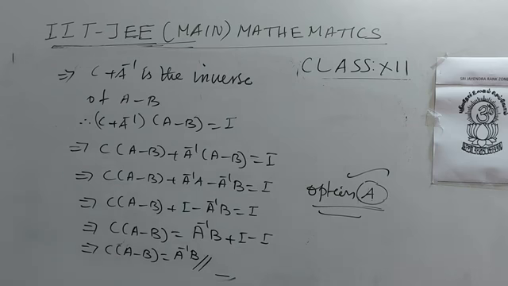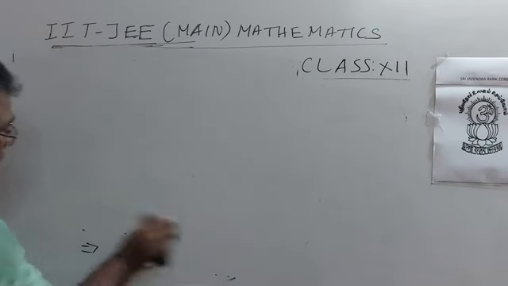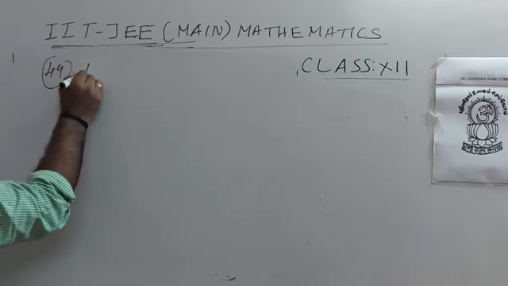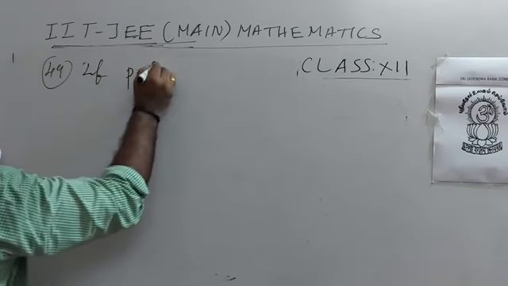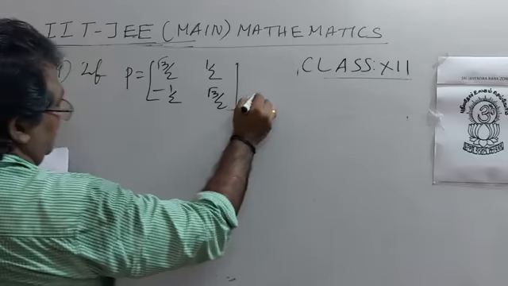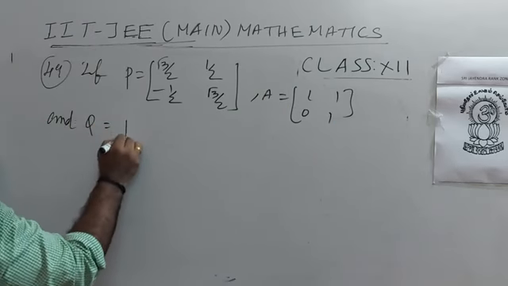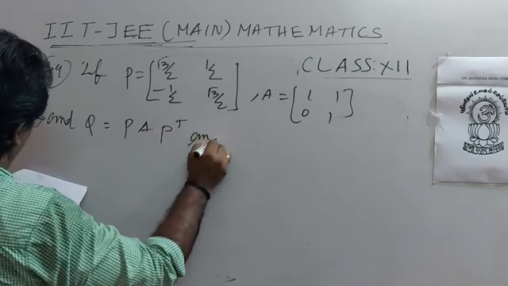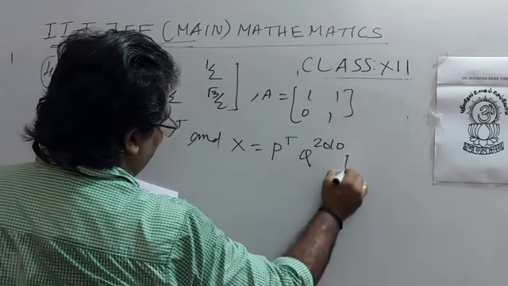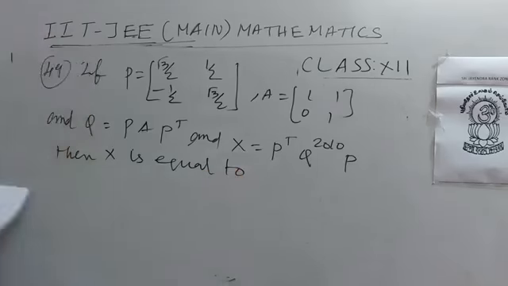Next, question 49. If P equal to [root 3 by 2, 1 by 2; minus 1 by 2, root 3 by 2], A equal to [1 1; 0 1], and Q equal to P A P transpose, and X equal to P transpose Q power 2010 into P, then X is equal to which option?